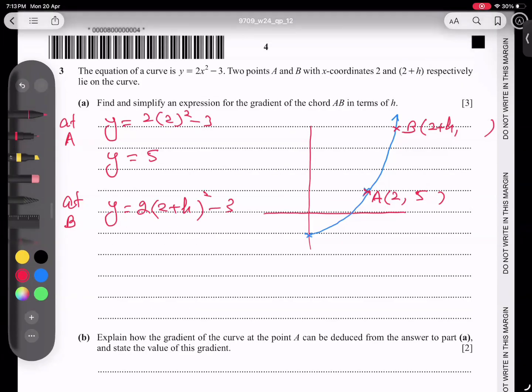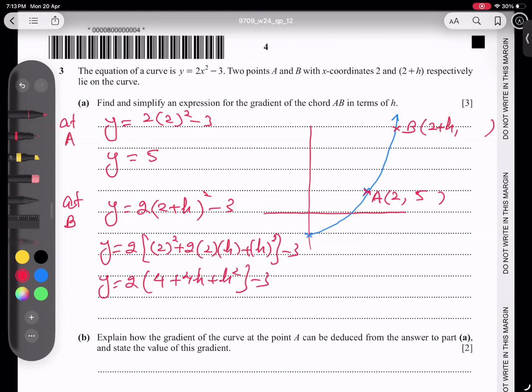Now we have to simplify. I'm squaring using the identity: first term squared plus 2 times first term times second term plus second term squared, and minus 3 outside. So finally I get 2 outside, and 4 plus 4h plus h squared, and negative 3. Expand the bracket, since he said simplest form.